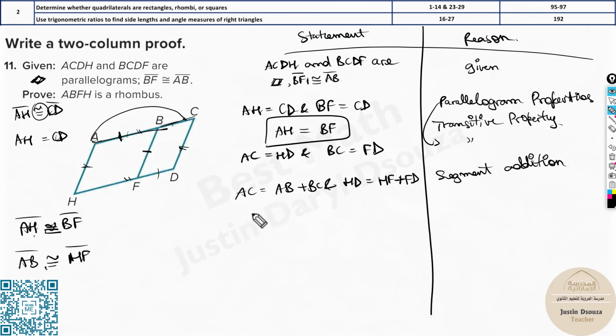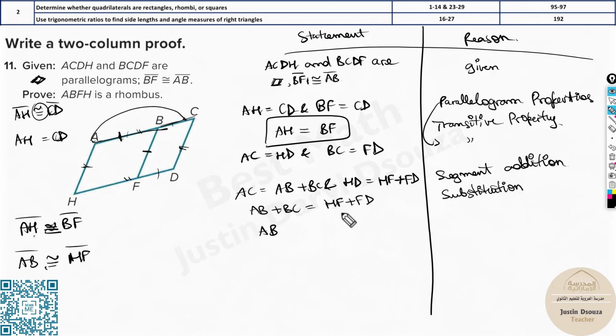So can I write AB plus BC is equal to HF plus FD? That's it. And why do I do this? It's by substitution. Okay. So what next? Now this is done. We need only AB and HF. I need to cancel BC and FD. But I know over here BC and FD are equal, right?